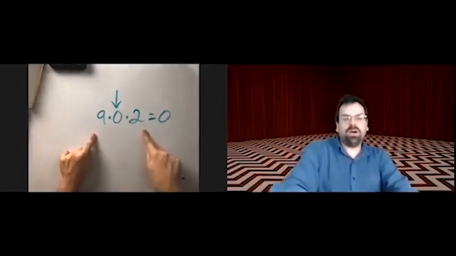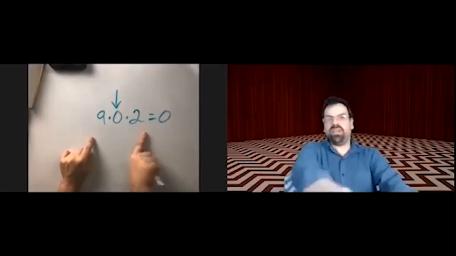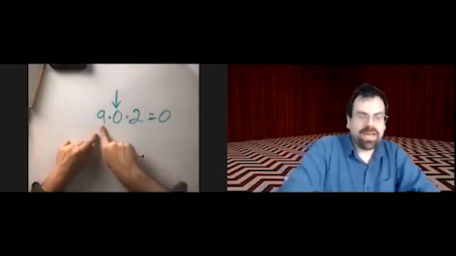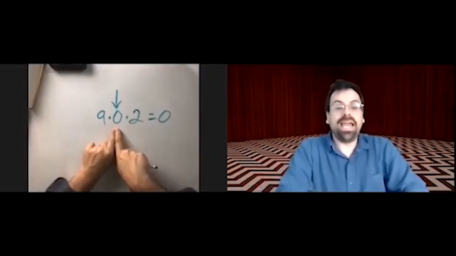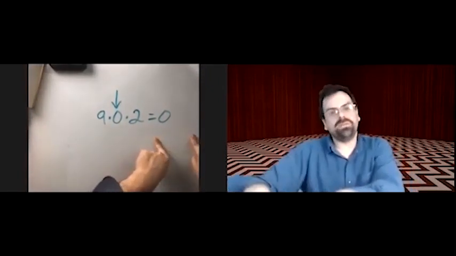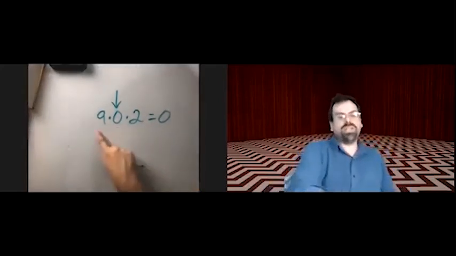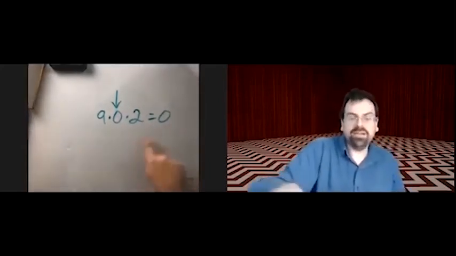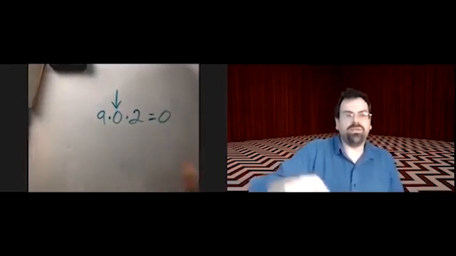Why? Because if we go along left to right, eventually we're going to get 0. 9 times 0 is 0. And now 0 times whatever is going to be 0 times whatever is going to be 0. So as long as there's 1 zero in the multiplication chain, the answer is going to be 0.